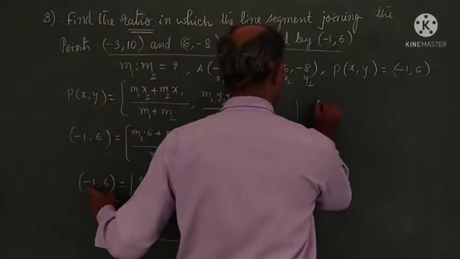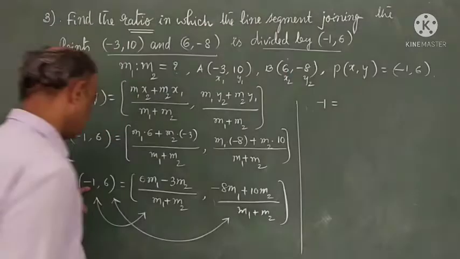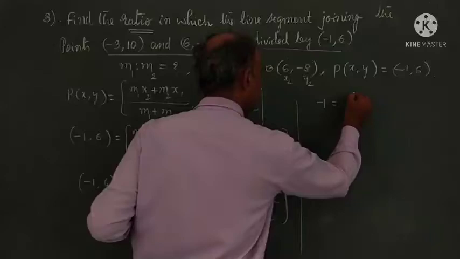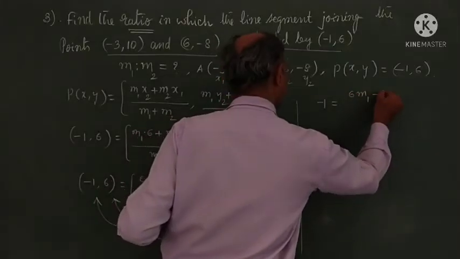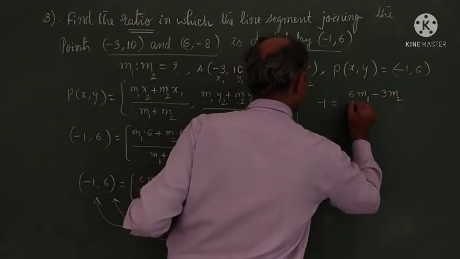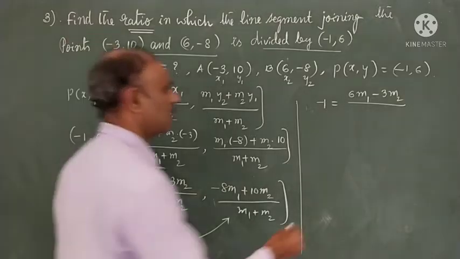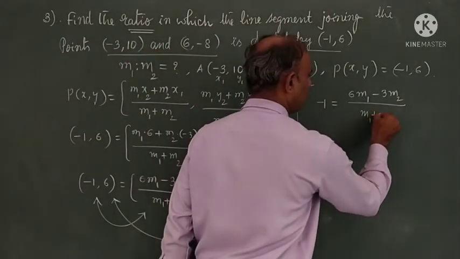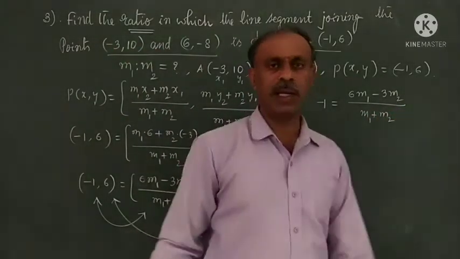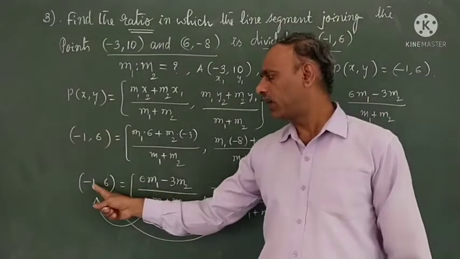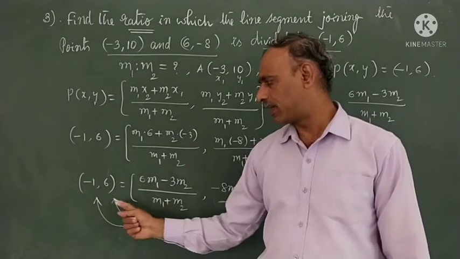So -1 is equal to (6m1 minus 3m2) divided by (m1 plus m2). What I did is equate the x coordinate on either side of the equal sign.